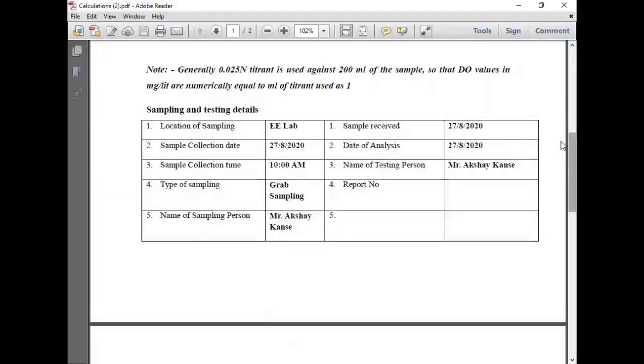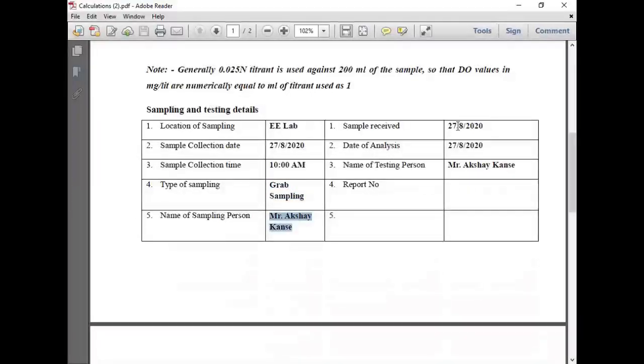But firstly, let's focus upon the sampling and the testing details as well. Location of sampling, we have collected it from the environmental engineering lab only. Sample collection date is 27/8/2020. We have collected the sample at 10 a.m. The type of sampling was grab sampling, and the person who collected the sample was Mr. Akshay Kanse.